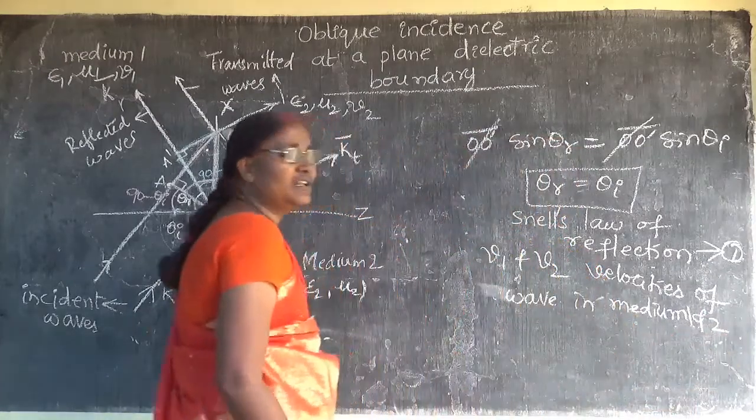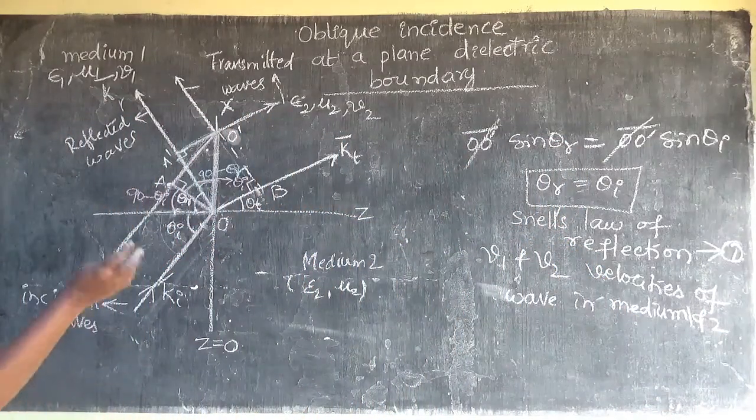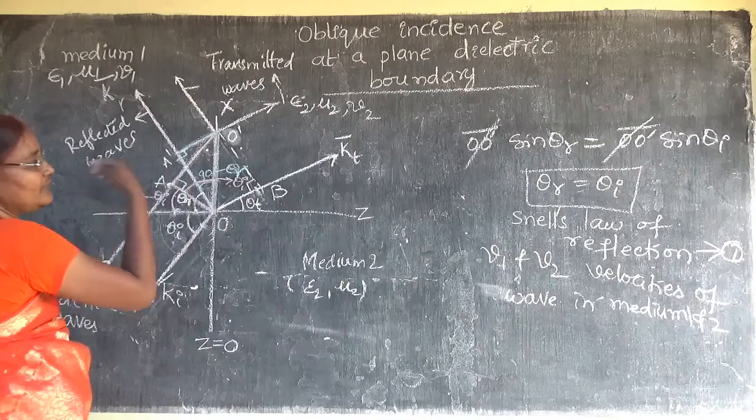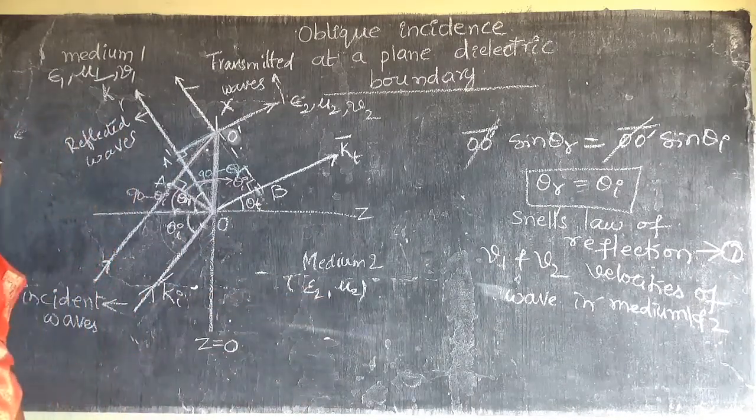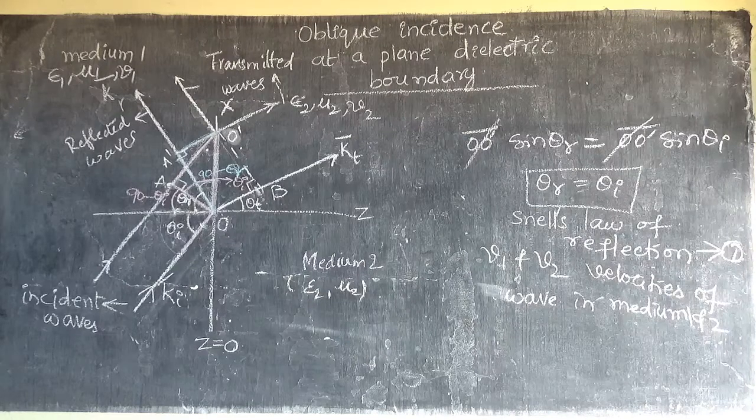That means the same wave will have different velocity in medium 1 and different velocity in medium 2. It depends upon the characteristic of the medium or the property of the constituents of the medium.